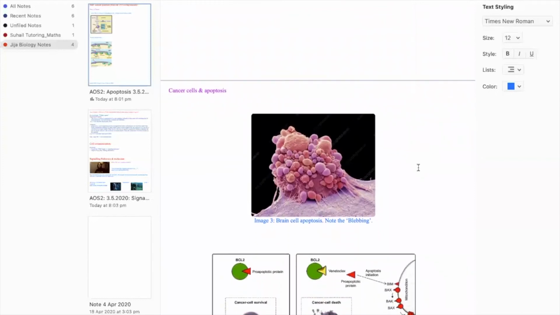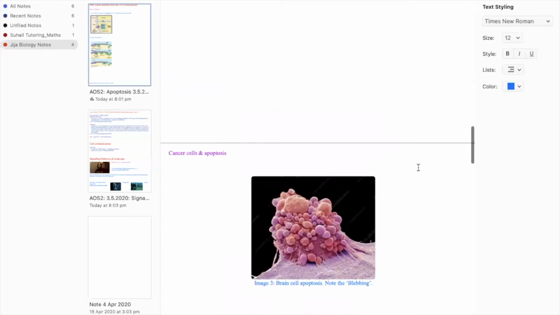So generally during the process of apoptosis, we have cellular agents which chop up the DNA and fragment the organelles and other cytoplasmic components. The cell shrinks and becomes lobed.